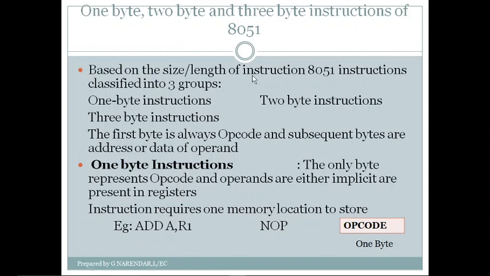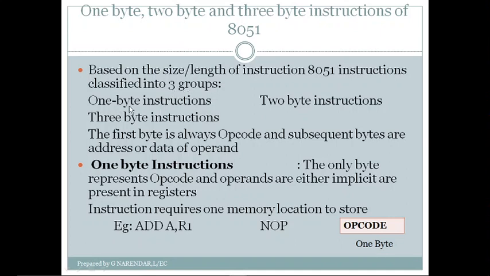So here you can see that we have a number of instructions that can be written for 8051, and now we are classifying all those instructions based on the size or length of the instruction. That means how many bytes the instruction takes when you want to store it in the memory. So all the instructions are classified into three groups.